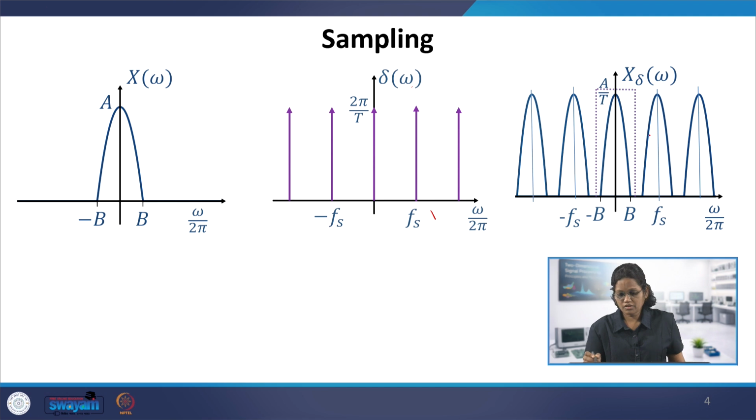So if you take the spectrum of this x of t delta of t, then the spectrum would look like this. That means the pattern of the baseband is going to be repeated. So B to minus B, and this is with respect to fs, and here it is 2fs. So similarly that would continue from minus infinity to plus infinity.